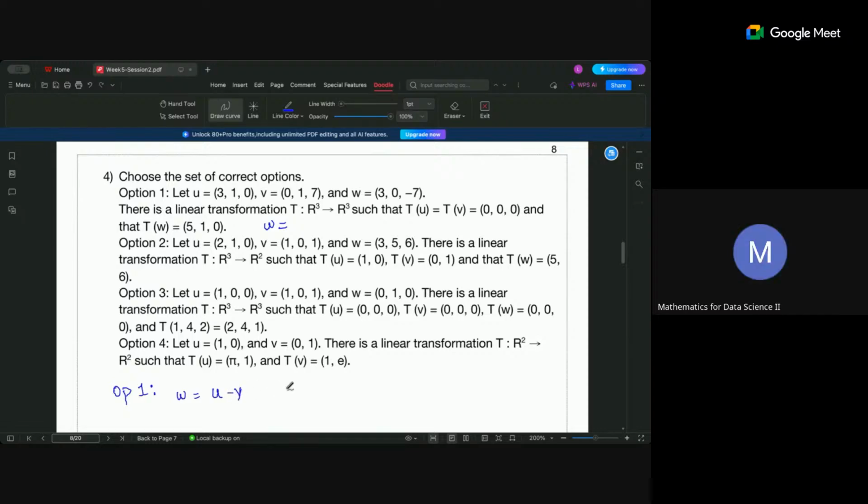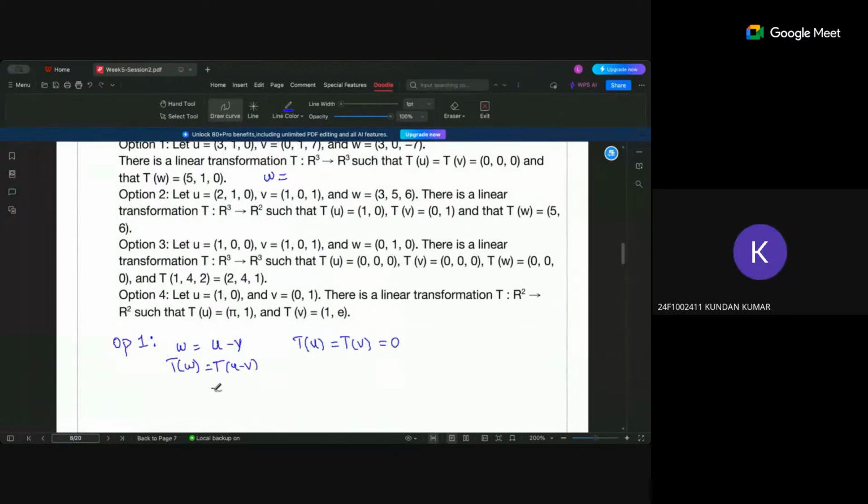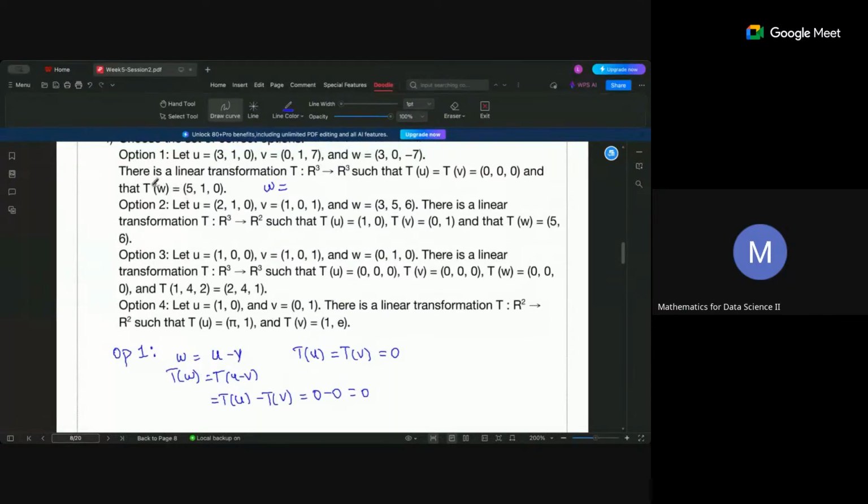If w is u minus v, then you are given that T of u and T of v are both 0. Now what is T of w according to the linearity property? T of u minus T of v. That's 0, a zero vector. But what is given to you?